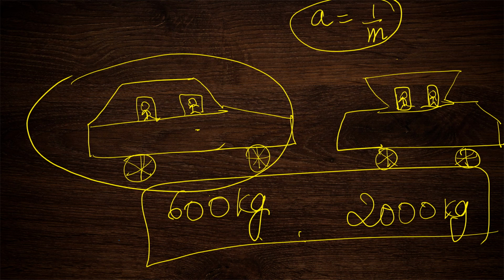This concludes that a is inversely proportional to the mass of the car, and hence we can easily accelerate a small car, but it's difficult to accelerate a big car. This is what we can conclude by Newton's second law of motion.